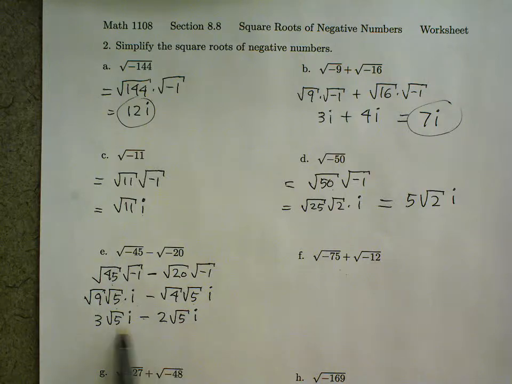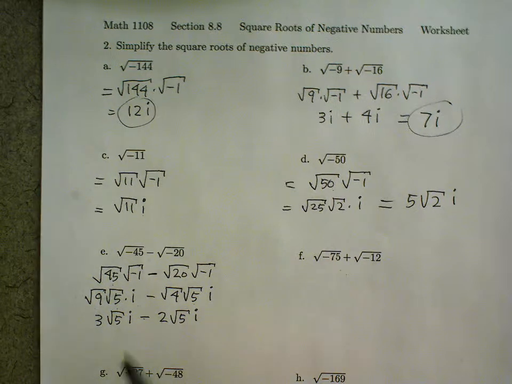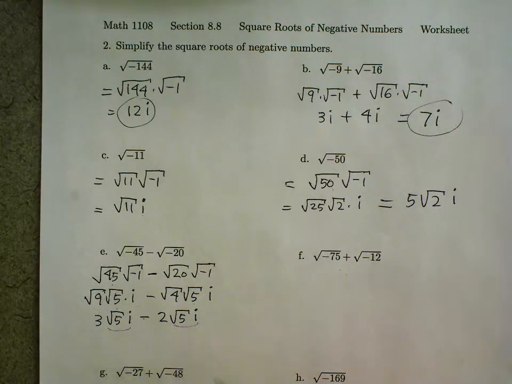Both of the numbers have the factor i, and they also have the square root of 5. So 3 times the square root of 5 i minus 2 times the square root of 5 i is 1 times the square root of 5 i, or just the square root of 5 times i.